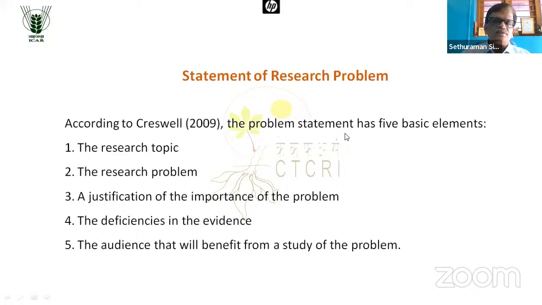But another question comes to our mind: if you want some problem to be solved, that means the problem is creating some kind of trouble. It is affecting some people, or creating some kind of issues.